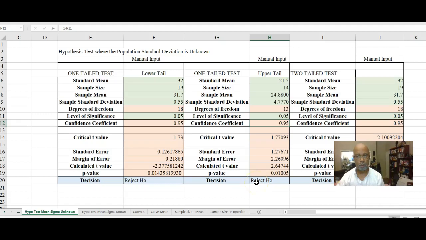And this allows us to reject H sub 0 because our p-value is less than our level of significance. And you notice it's very close to 0.01, but we're using a level of significance of 0.05, so we are less than our alpha.